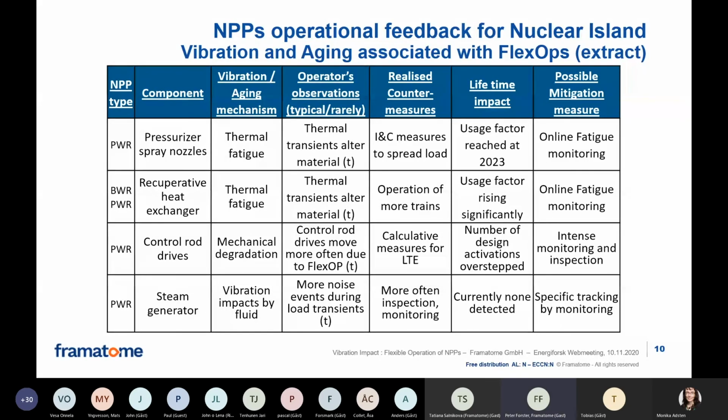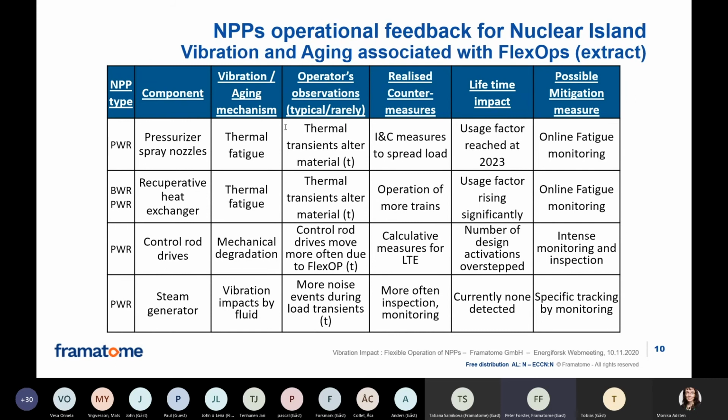The third row deals with the control rod drives. Mechanical degradation of the drives themselves is seen. The control rods have to move more often due to flexible operation, which is typical for this mode. Realized countermeasures are calculative measures for the extension of the lifetime.